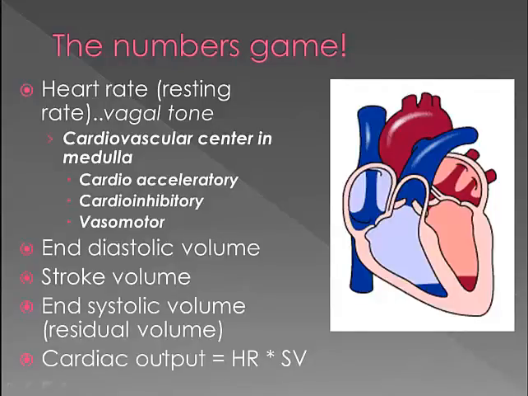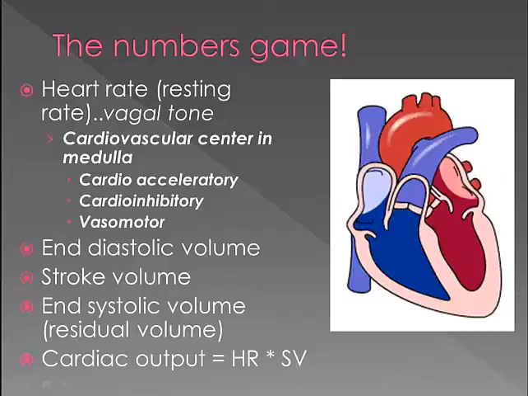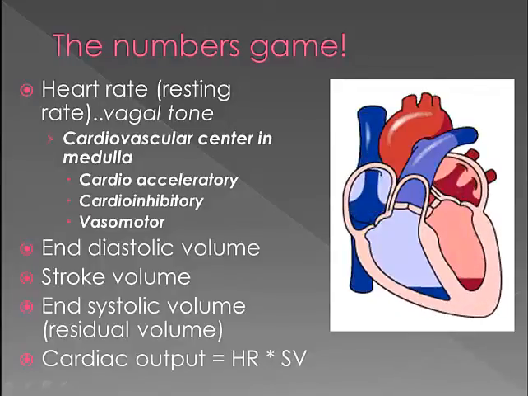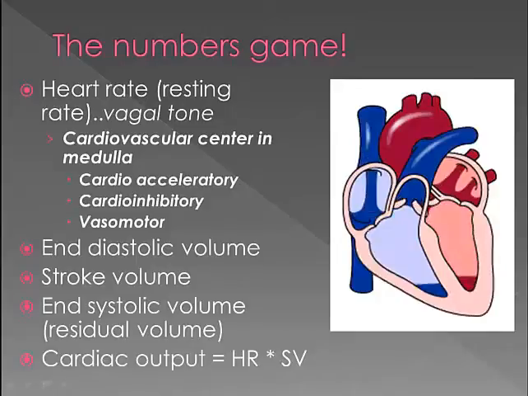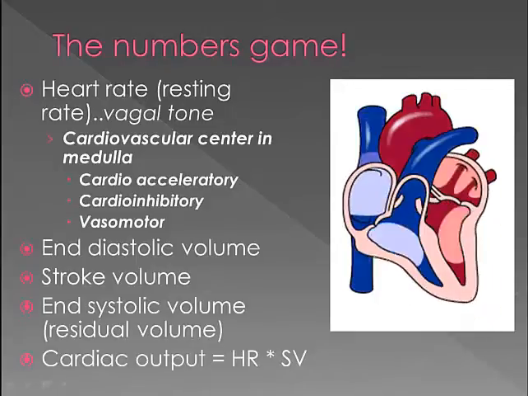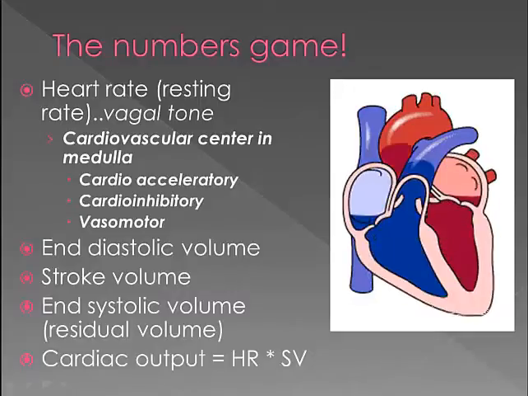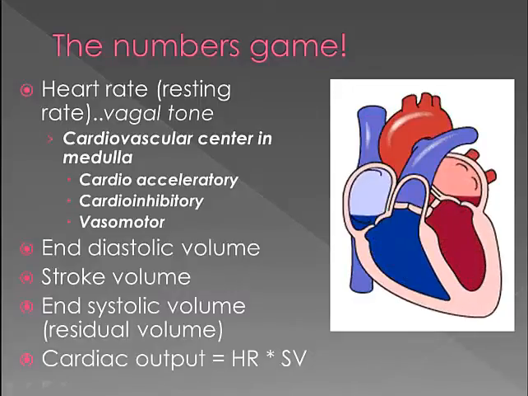So let's look at some of these other terms. And again, if you look at this little animation here, notice that when the ventricle is filling and just before it begins to contract, look at the volume of blood present in the ventricles just before it starts contracting, or at the end of relaxation. That is known as the end diastolic volume, or the blood which is present in the ventricles at the end of diastole.